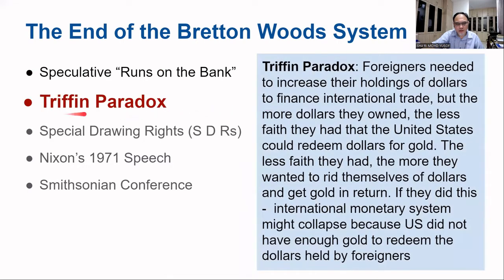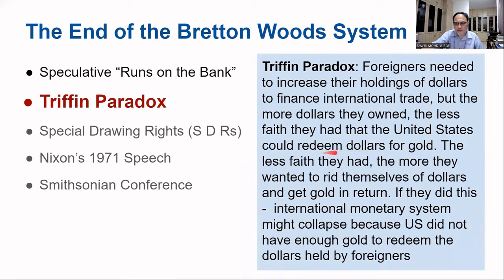There is this term called the Triffin paradox. The Triffin paradox is whereby foreigners needed to increase their holding of dollars to finance international trade, but the more dollars they own, the less faith they had that the US could redeem dollars for gold.